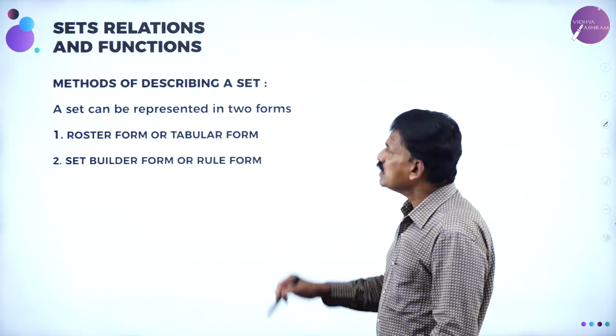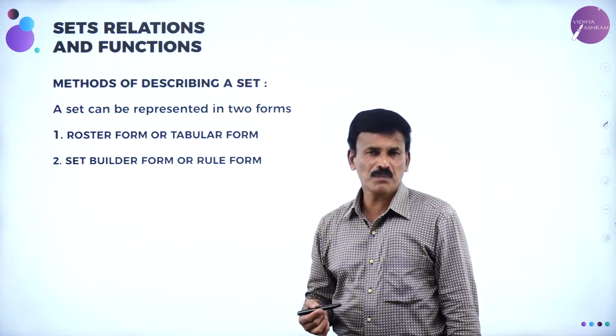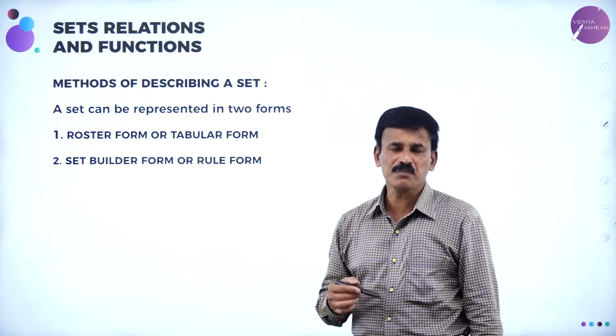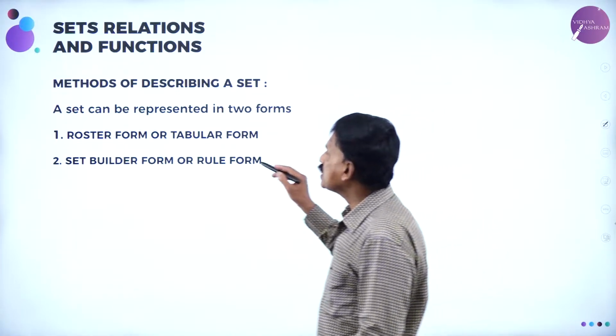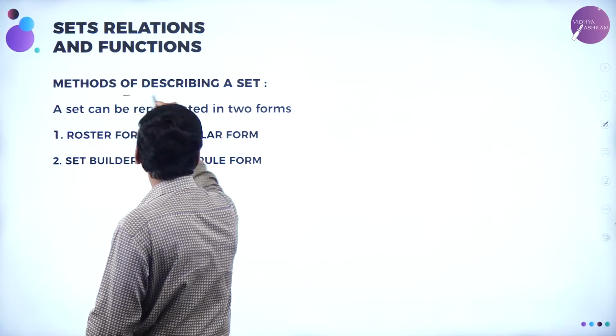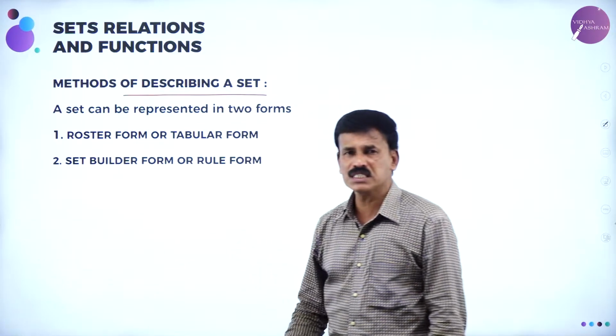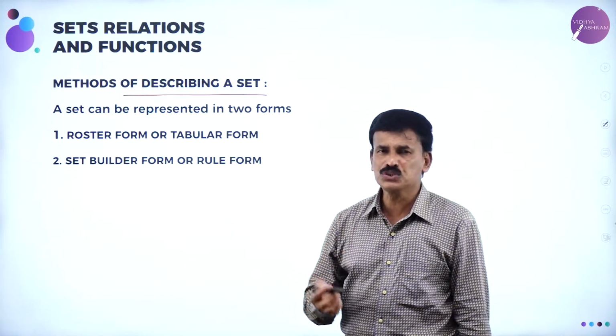Now next, how to represent this set? The representation or construction of a set is nothing but the methods of describing the set. A set can be described or constructed in two methods.